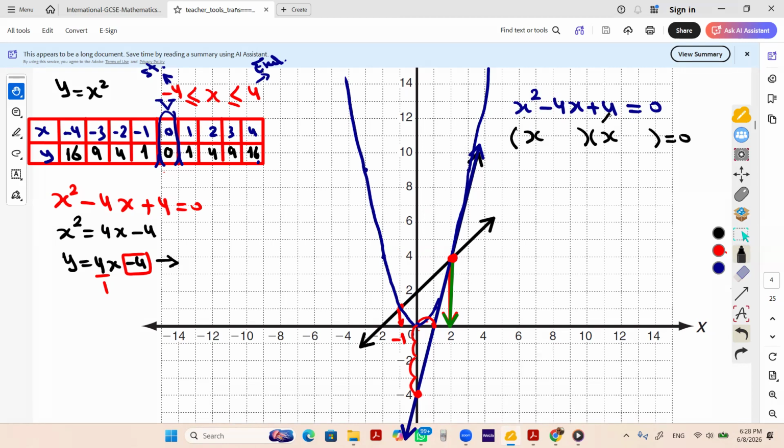What are the two numbers whose product is 4 and whose sum is 4? 2 and 2. That's right. So we write 2 here and 2 here. What about the sign? When the third term is positive, the two signs in the brackets are the same, like the sign of the second term. So it will be negative and negative.